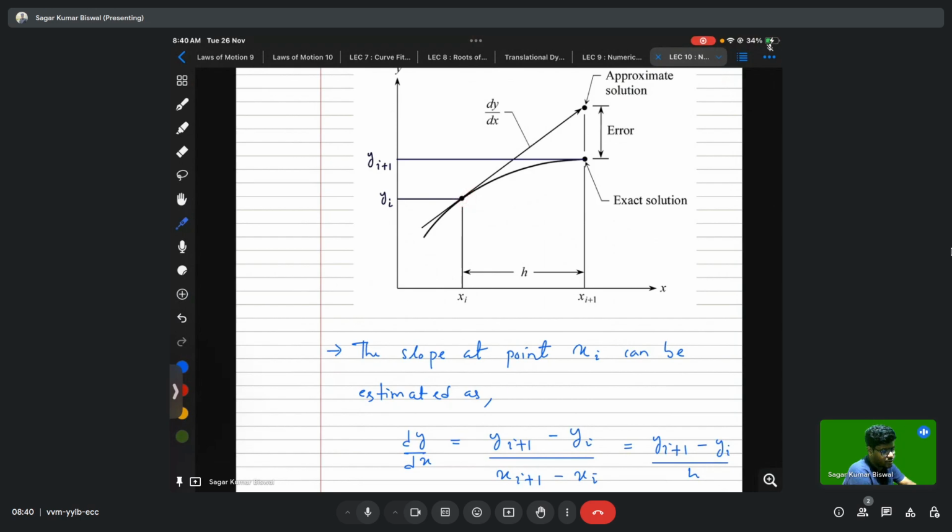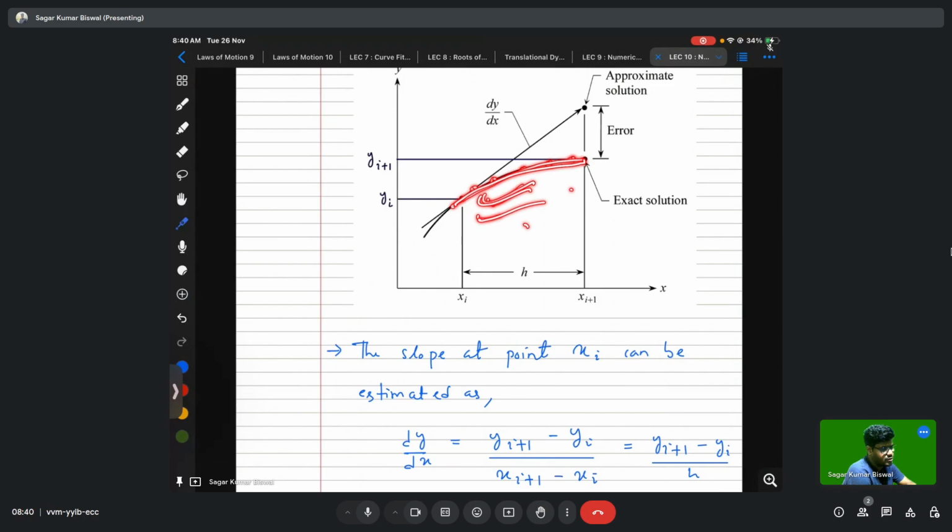But we can also calculate the slope at more than one point, and then take their weighted average by giving appropriate weights to those slopes. Then you will get a better approximation for this function.